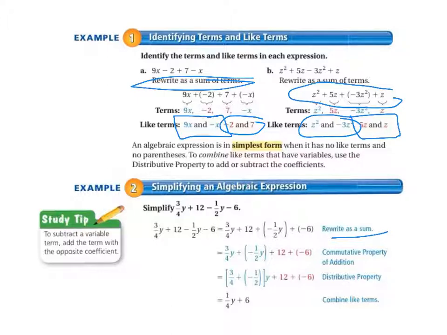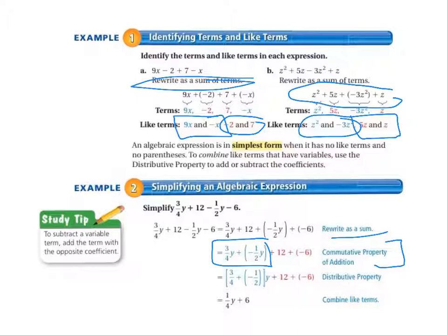And then that makes it work so that we can use the commutative property of addition, because we can't move subtraction around, but we can move addition around. So we have 3/4 y plus negative 1/2 y, and those two are conveniently located right next to each other now, plus 12 plus negative 6.